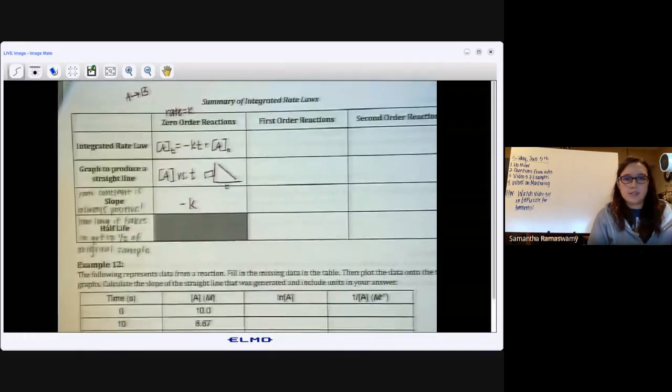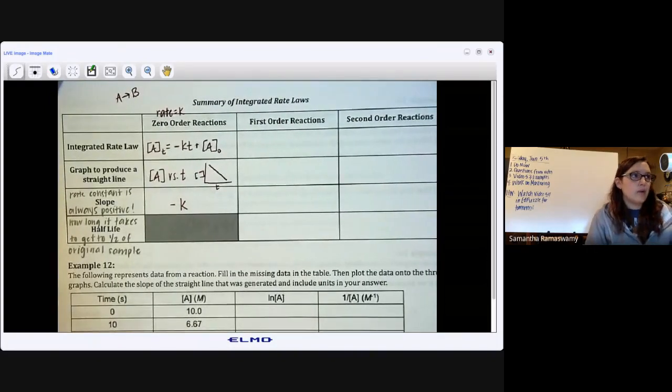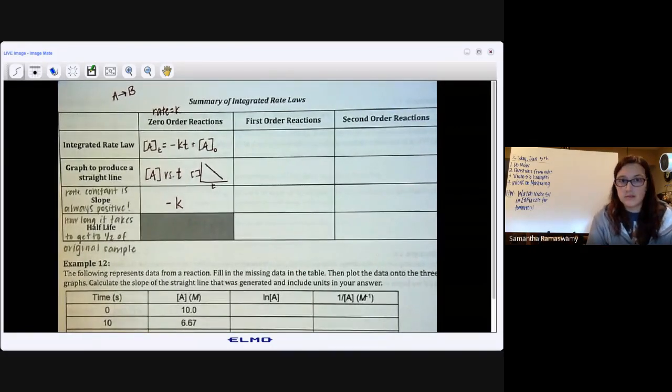So let's, just as an example, I love those little Haribo gummy bears. So the half-life is the time it takes for me to eat half of those gummy bears. Time it takes to get to half of the original amount. Could be an hour, could be 10 minutes.